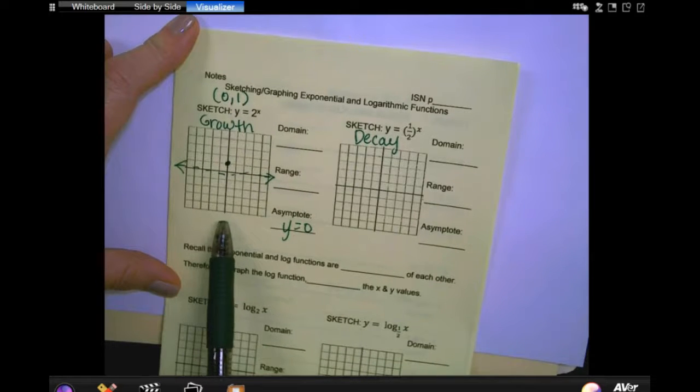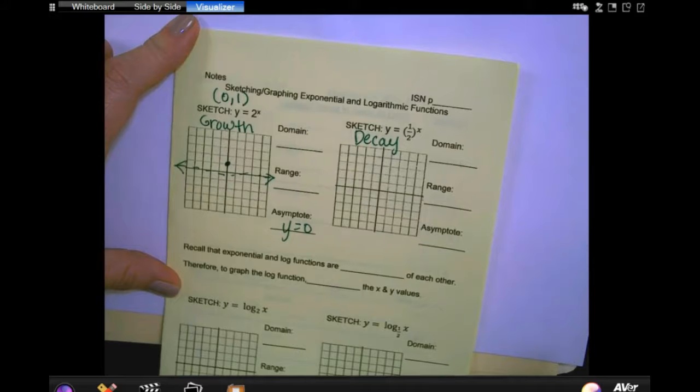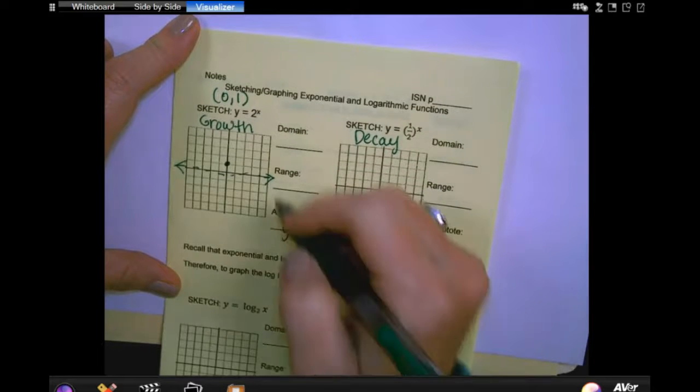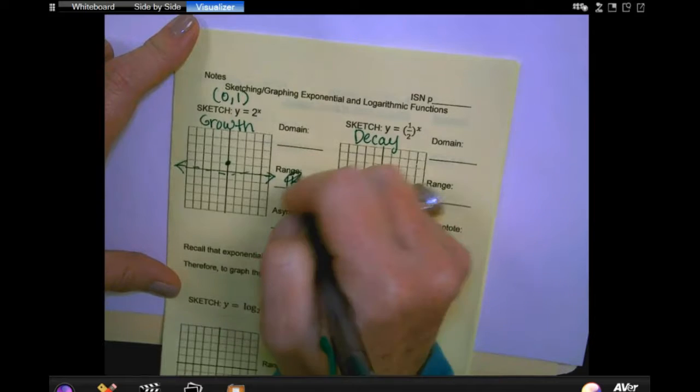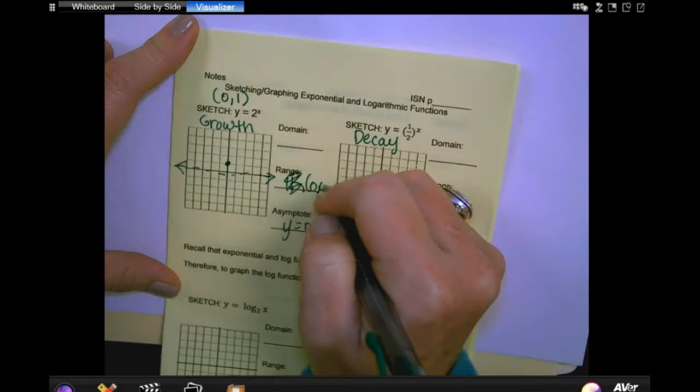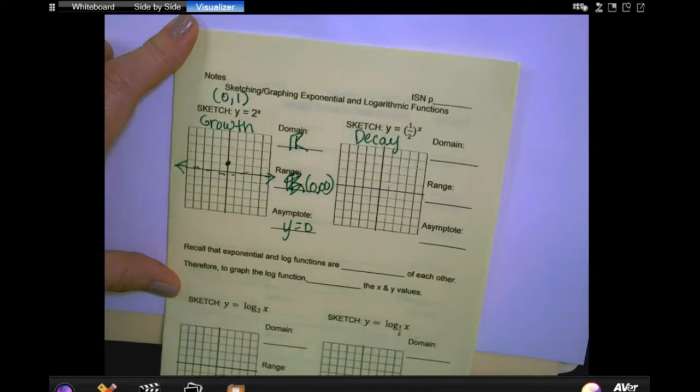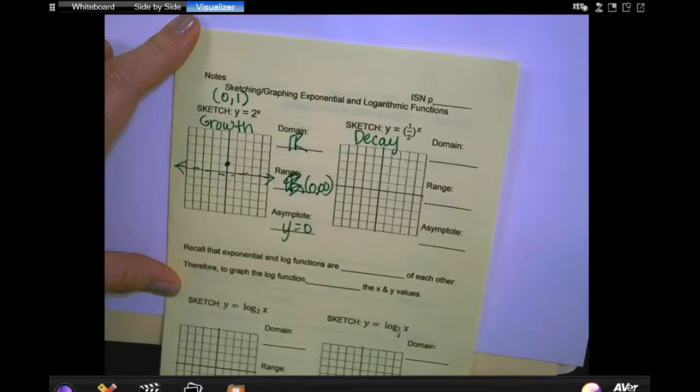Why is it never going to be negative? Okay, stop. Listen. The range is 0 to infinity, and the domain is all real numbers. I'll tell you that.